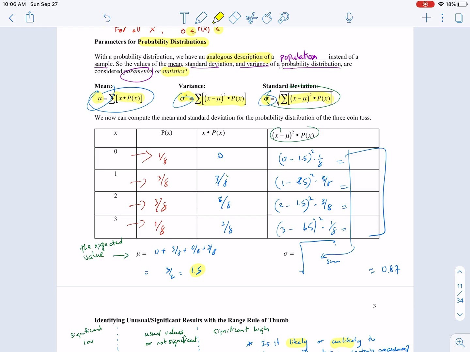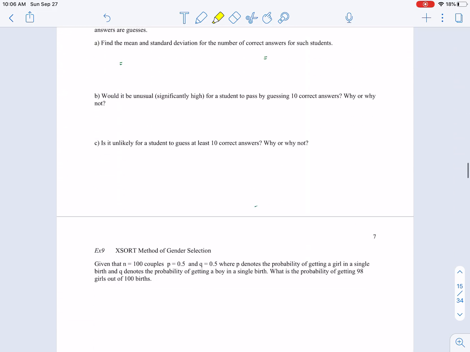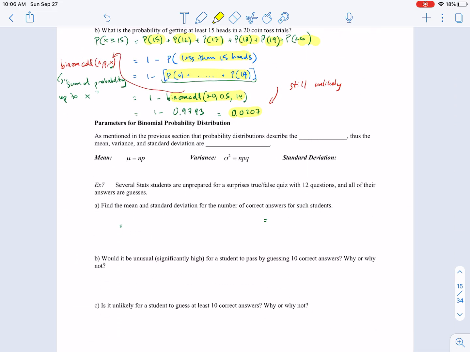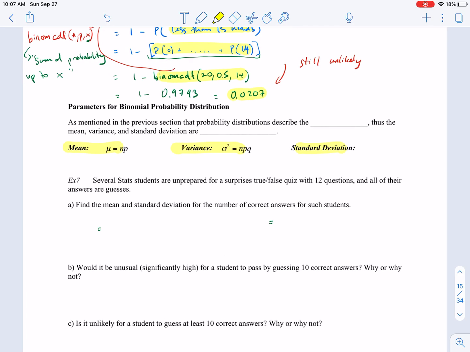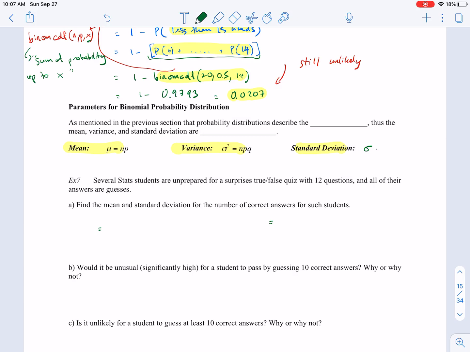The formula is a little different, but once we look at a special probability distribution, which is binomial, that has 2 possible outcomes and all the other conditions, the formula is really straightforward here. Okay, the mean is n times p, variance is npq, and then standard deviation is just the square root of that. So the standard deviation is the square root of npq. So really easy formula to remember.